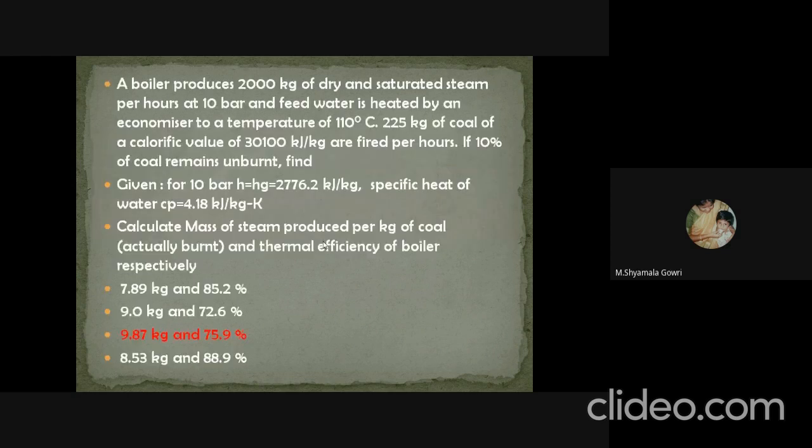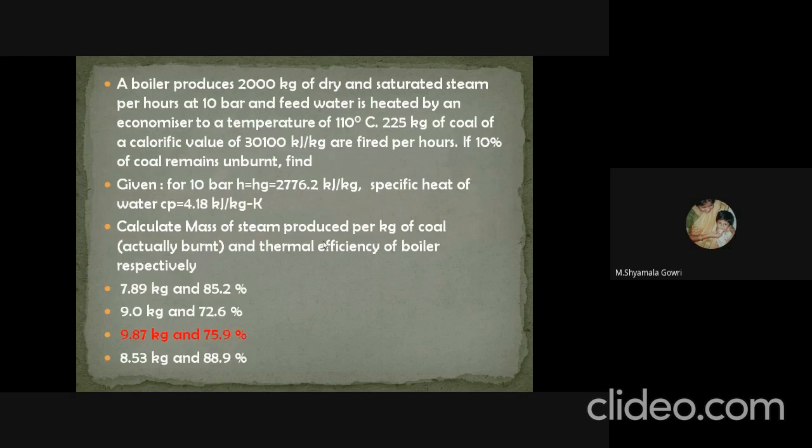So this is calculated with this formula. The solution is, heat contained in 1 kg of steam in the boiler is equal to 1 into 4.18 into 110 minus 0, we get 459.8 kilojoules. Total heat given to produce 1 kg of steam in the boiler is equal to H minus Hf. In the problem it is given 2776.2, and from the calculation we have 459.8.